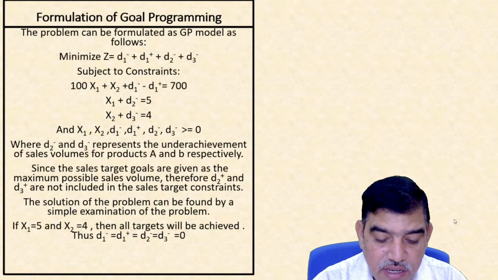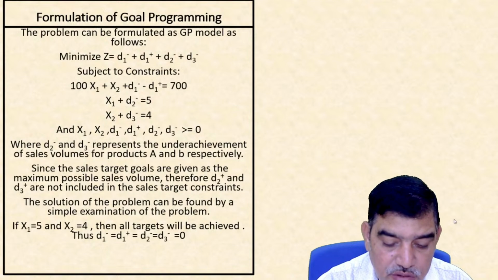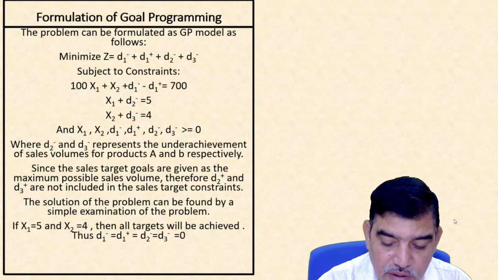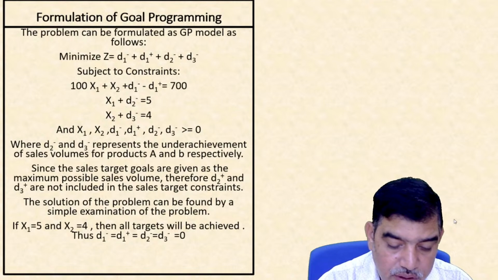In essence, the constraint is d2 positive minus d4 positive plus d4 negative equal to 100. That is, d2 positive is the actual overtime of the full-time salesman, and d4 negative is the difference between the actual overtime of the full-time salesman and these 100 hours of overtime.